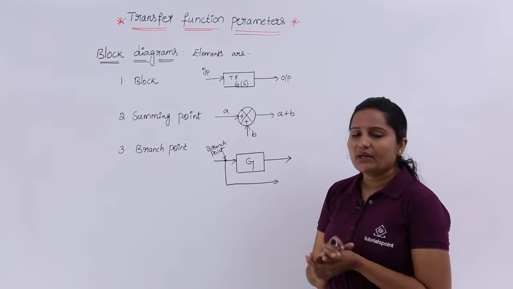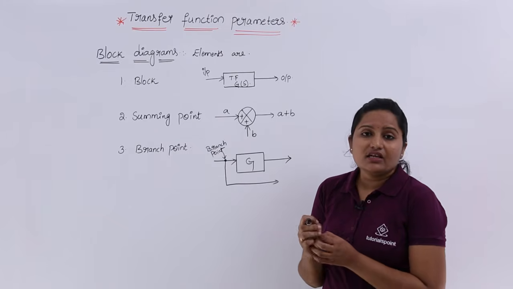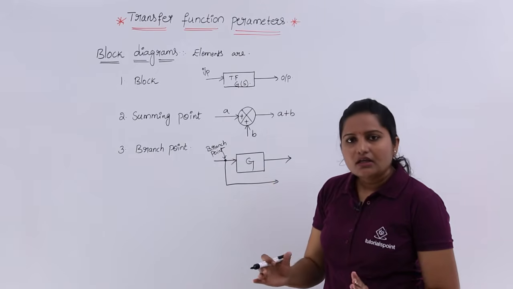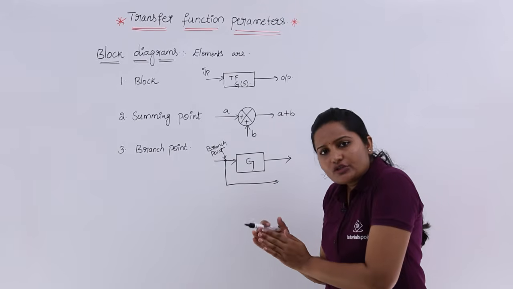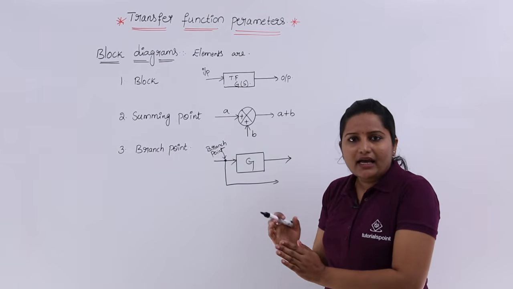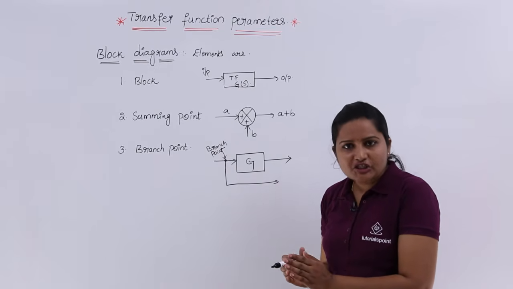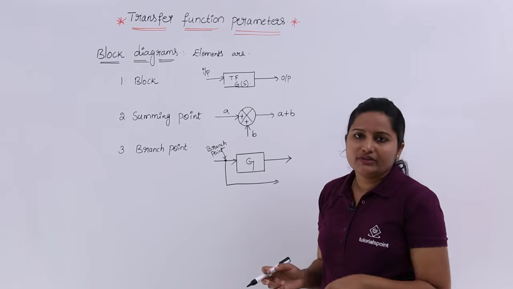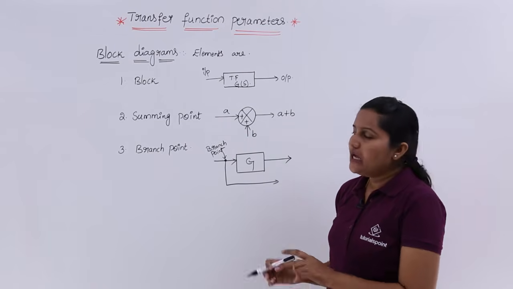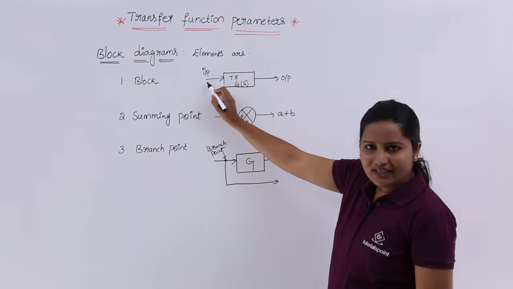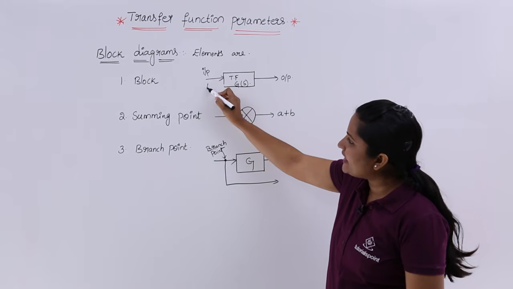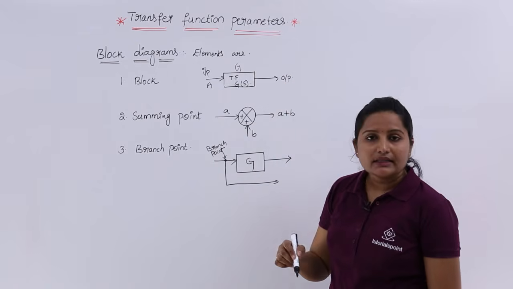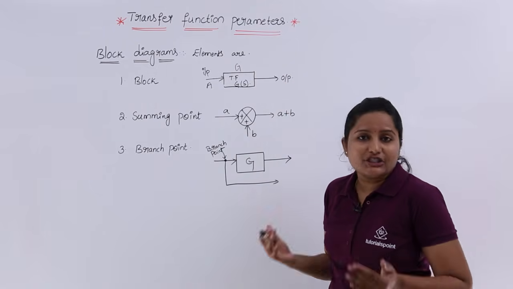And coming to the summing point, here the signals are going to sum. In the block, signals enter the block and, according to the functionality of that block, the signal is going to be modified. According to the gain of that block, the signal is modified. For example, if you have A here, and the gain of this block is G, then the output will be AG.